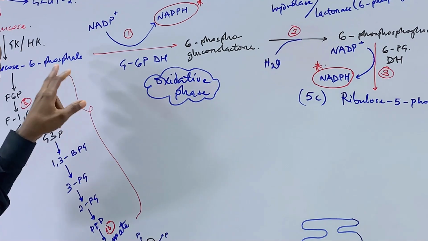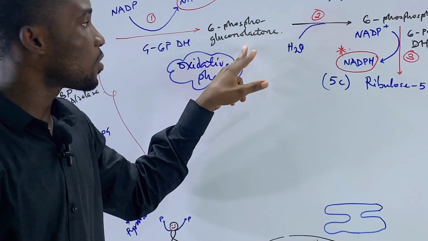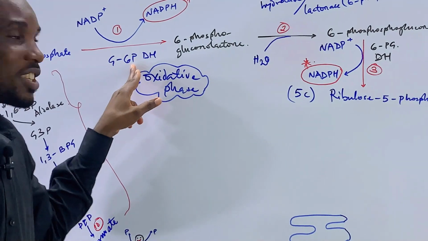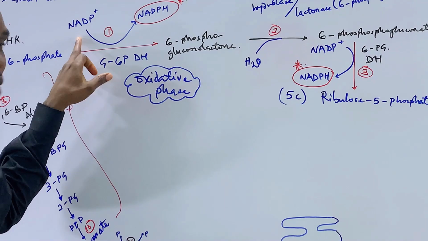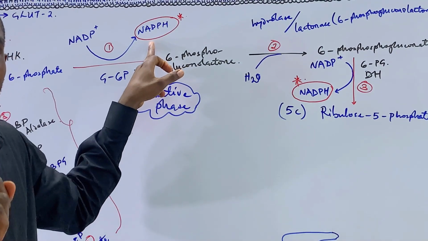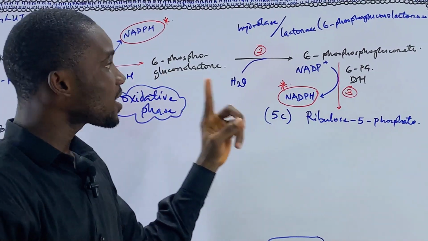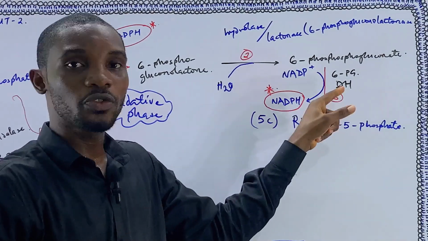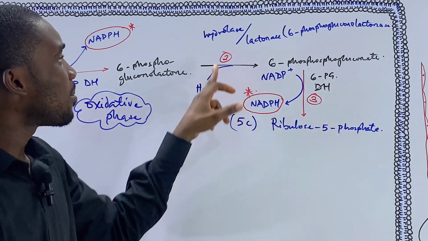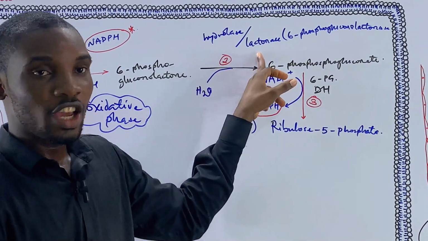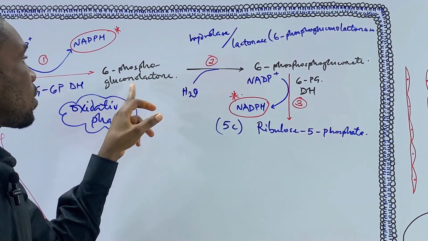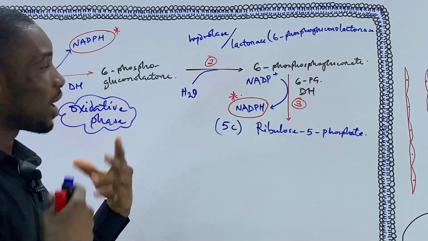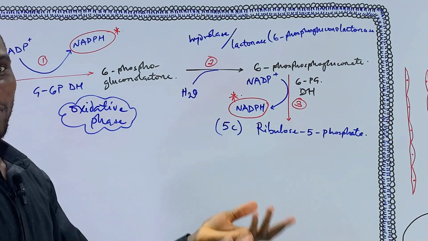Just a brief recap, the glucose phosphate was converted to 6-phosphogluconolactone by the enzyme glucose phosphate dehydrogenase using NADP to form what? NADPH. That's one NADPH formed. Then the second reaction was 6-phosphogluconolactone converted to 6-phosphogluconate by the enzyme hydrolase or lactonase. You can say 6-phosphogluconolactonase or 6-phosphogluconolactone hydrolase. So I prefer using hydrolase because there's the addition of water.